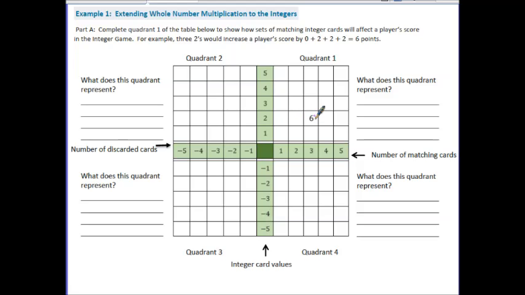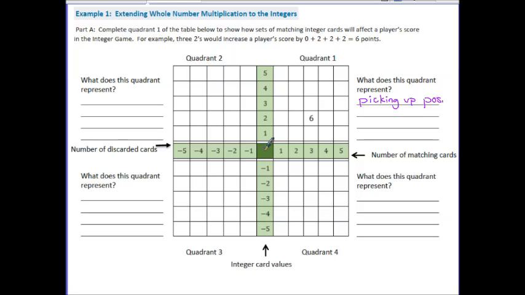So this quadrant represents picking up positive cards. In quadrant 2, notice that we are discarding multiples of a card, but we're discarding positives.